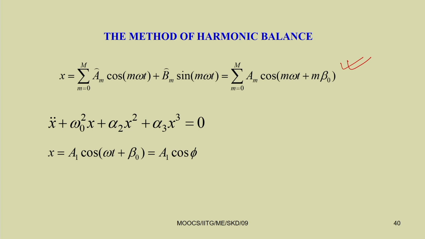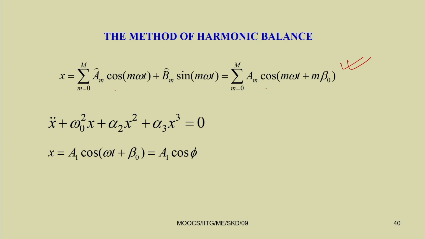So, here, given the equation in terms of x, you can always substitute a Fourier series in place of x. For example, this x is written equal to sum from m equal to 0 to M of a m cos m omega t plus b m sin m omega t, or in the single sum form. You can write either sin and cos, or either sin or cos.